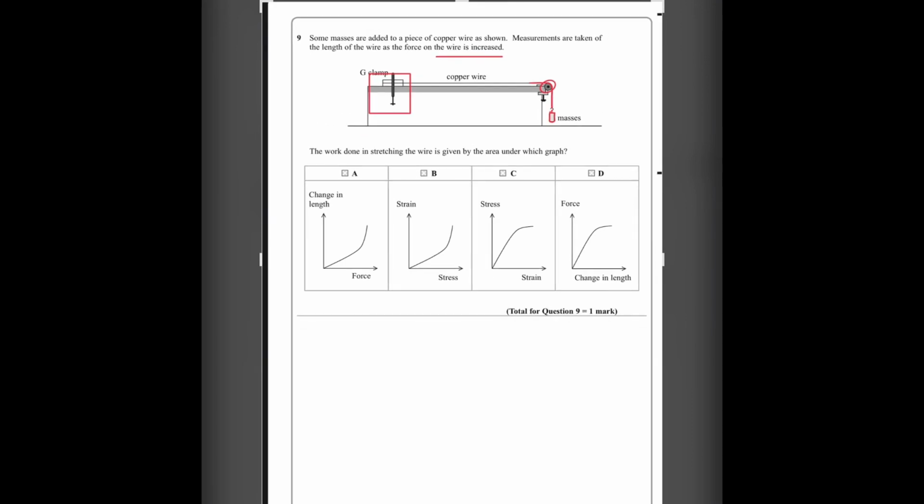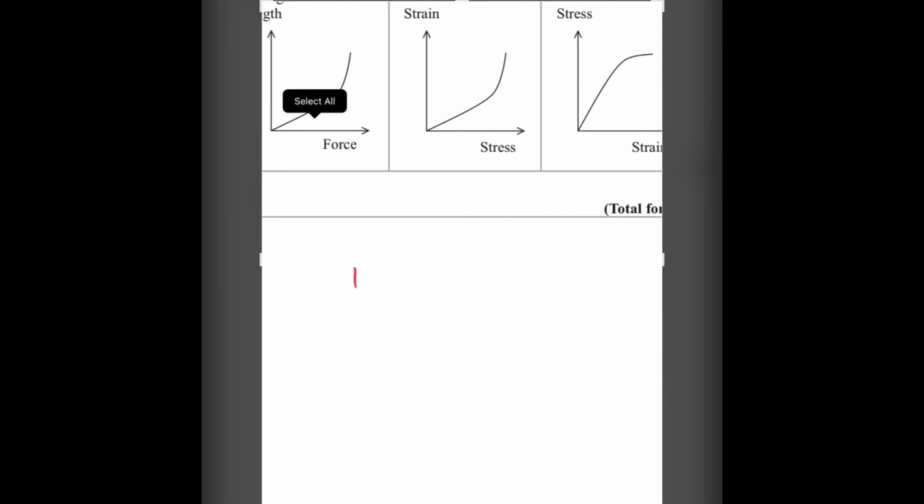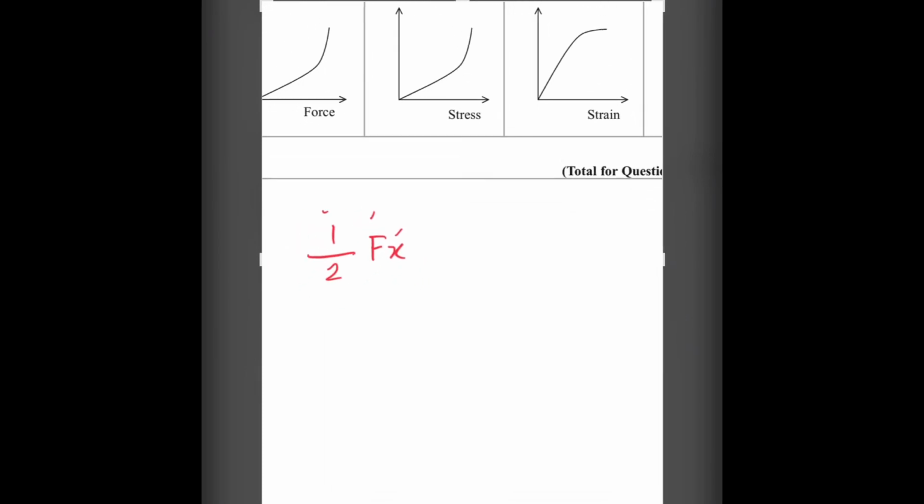So the work done in stretching the wire is given by the area under the graph. Which graph? Basically the area under the graph is half Fx, right? Half is the numerical value, F is the force, and x is the extension. So half Fx means the area under the force extension graph, right?